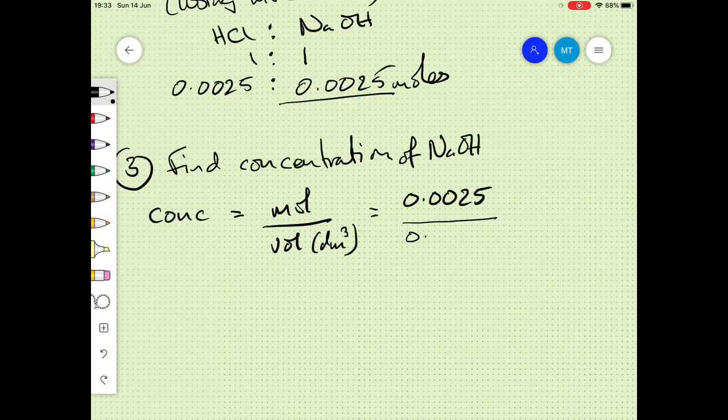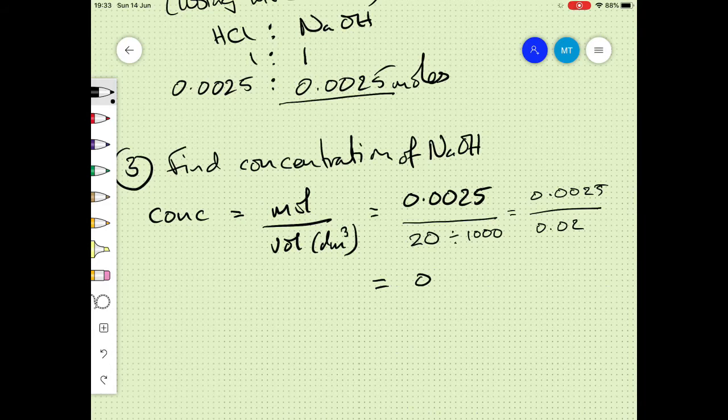So we've got 0.0025 divided by 20 centimeters cubed, but it needs to be in decimeters cubed, so it's 0.02, or 20 divided by 1,000, which equals 0.0025 over 0.02. We put that in the calculator and we should get a value of, I think it's, 0.125 moles per decimeter cubed.